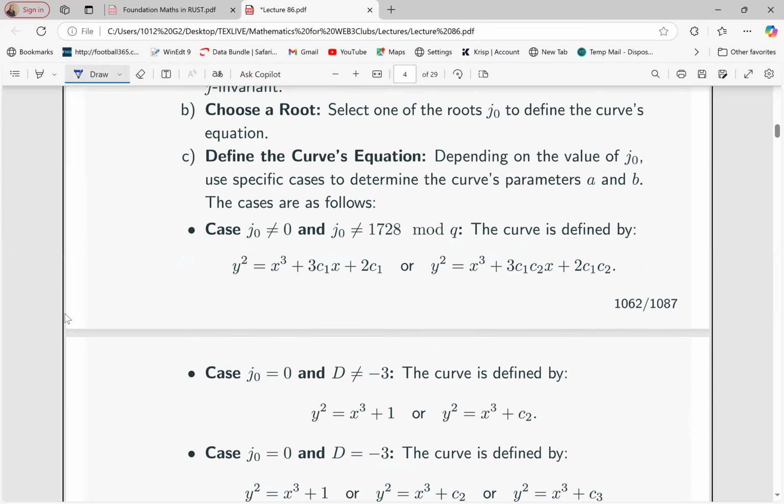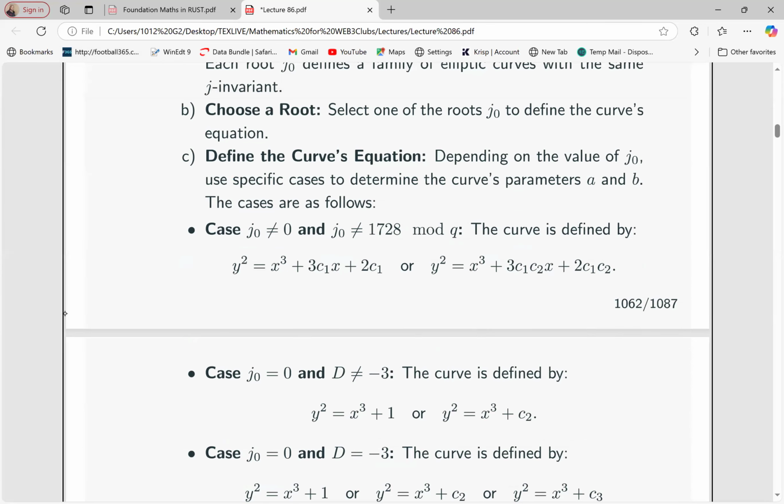So if your J invariant is not equal to 0 and is not equal to 1728, then your curve will take this shape or this shape. So you can choose this shape first of all.